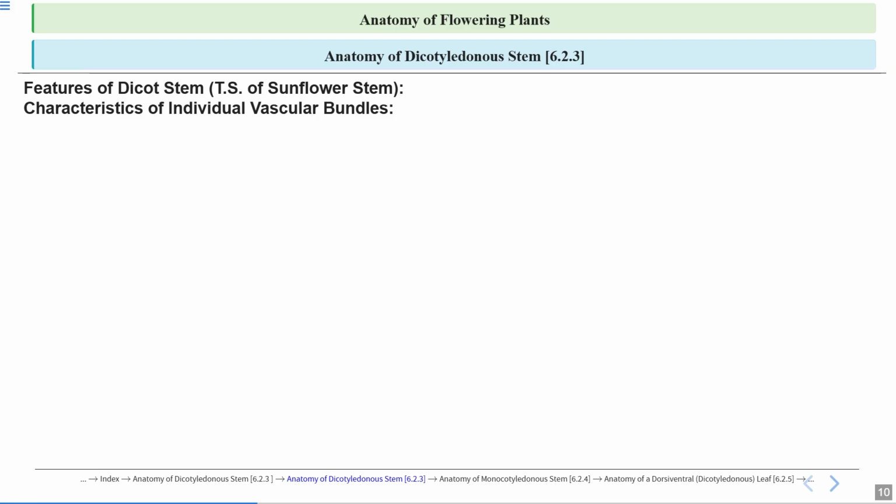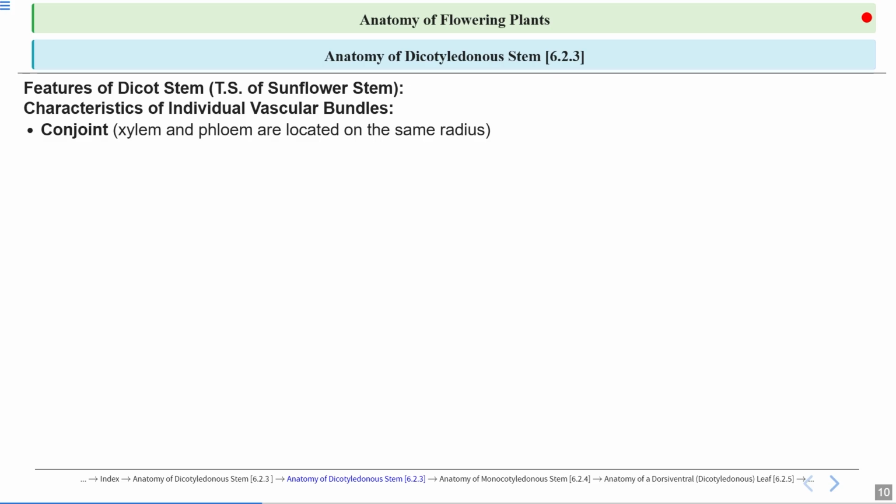Characteristic of individual vascular bundle. Now we will see one of the vascular bundles of the dicot stem. Here, what type of vascular bundle? Conjoint, means xylem and phloem are present on the same radius, right? In the case of radial vascular bundle, they are also present on a radius, but not on the same radius.